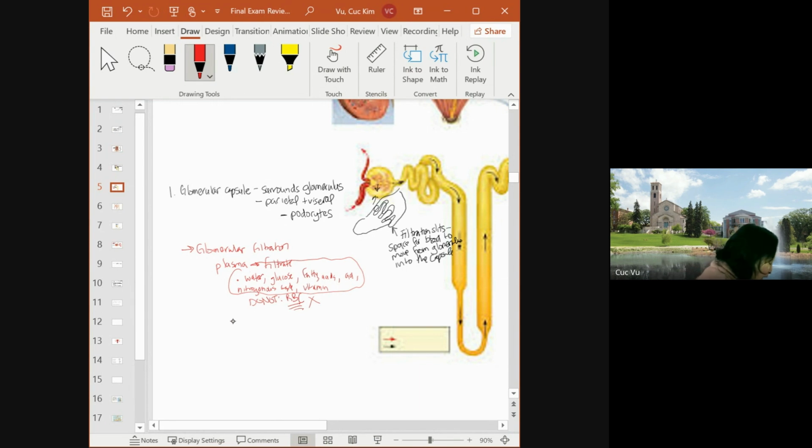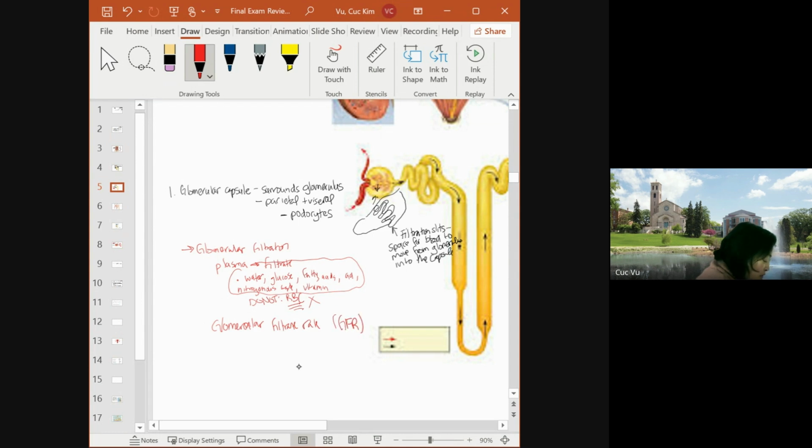All right, the rate at which the substance is filtered we refer to as the glomerular filtration rate, or GFR for short.